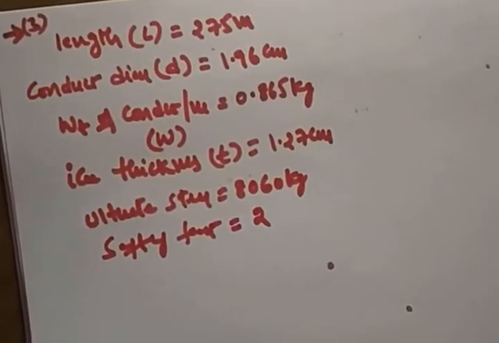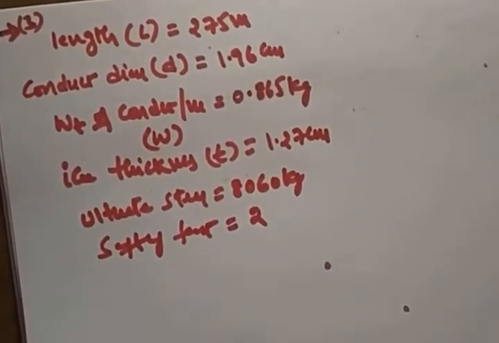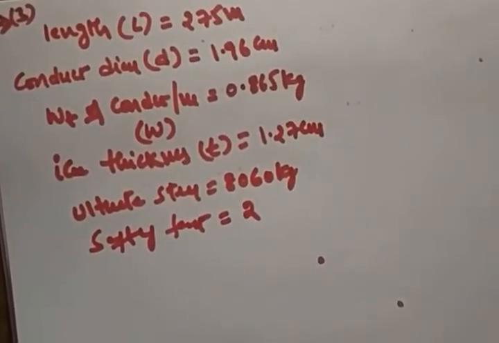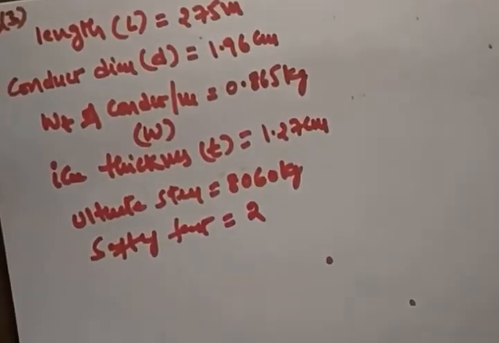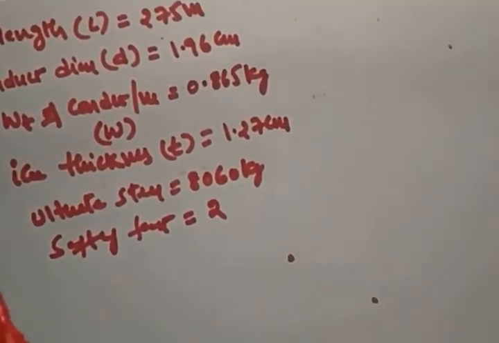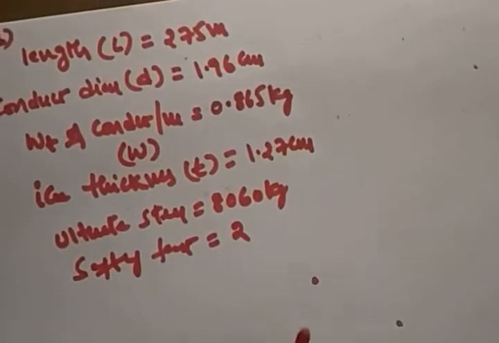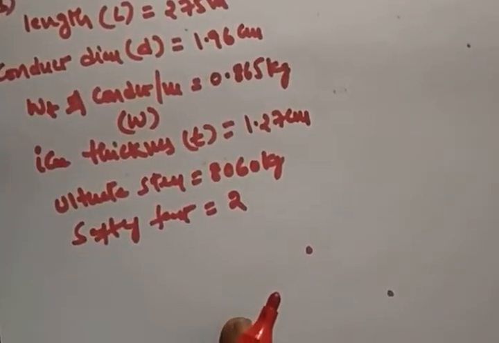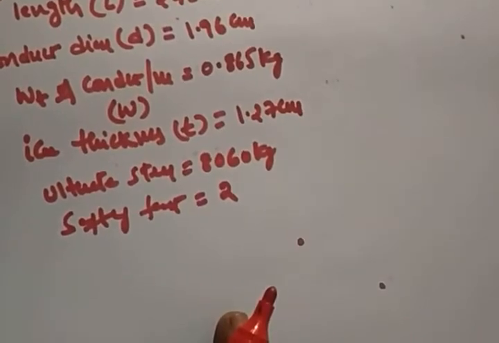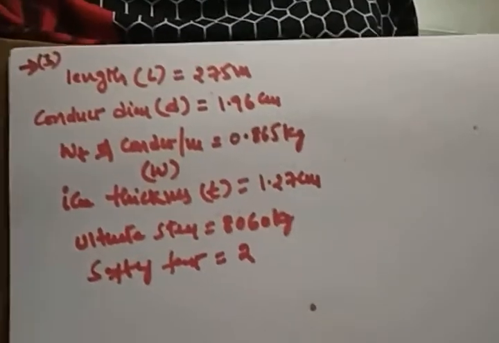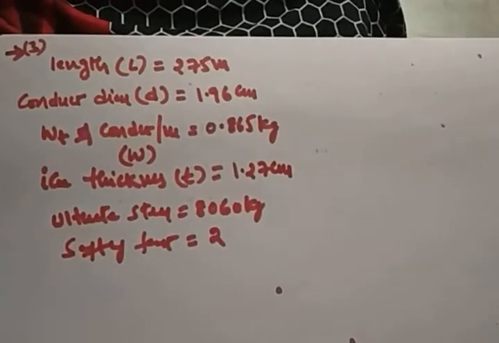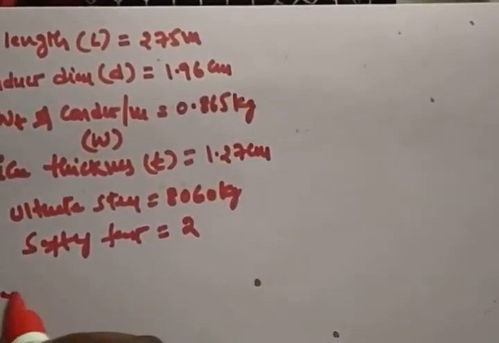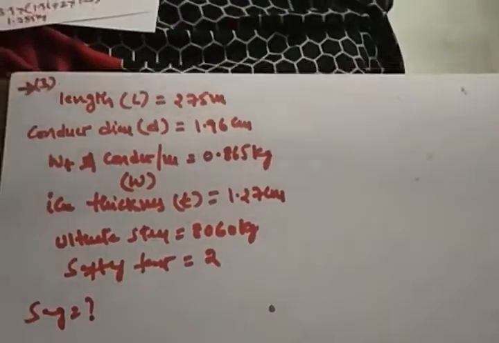So these are the things they gave, and after that, the weight of ice. Right. So these are the things they have given, and find out the sag value.